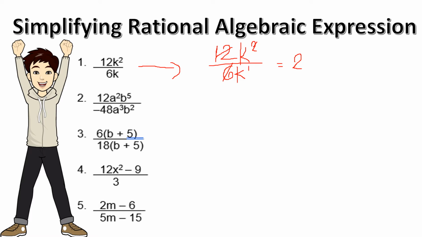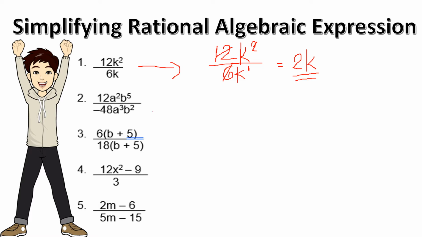So pag variable lang, understood siya ay merong exponent na 1 na hindi naman sinusulat. So we have 2 minus 1, then therefore, this becomes k to the 1 power. Okay, so hindi na kailangan isulat ang 1, understood na yan. So this would be the answer for given number 1.